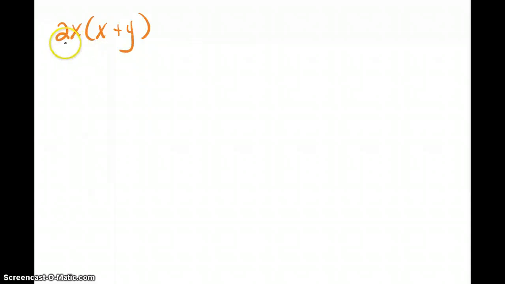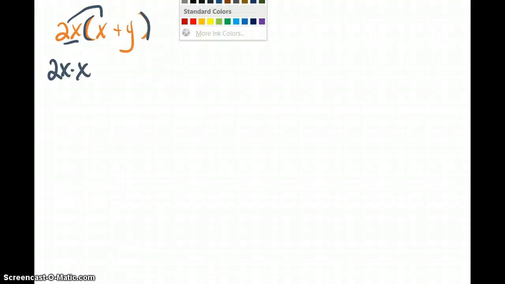So when we're doing this problem, 2x is being multiplied by the entire parenthesis. That means it's still distributed, so we follow similar steps that we did last time. So we have 2x times x, and then we also have plus 2x times y. When we add these two exponents together, we get 2x squared, and then on this right side, it's 2 times x times y.